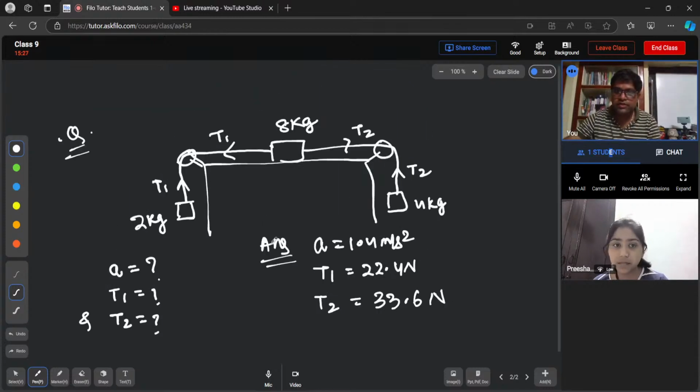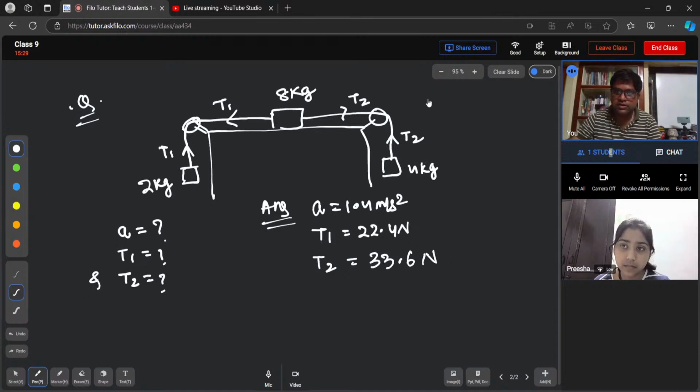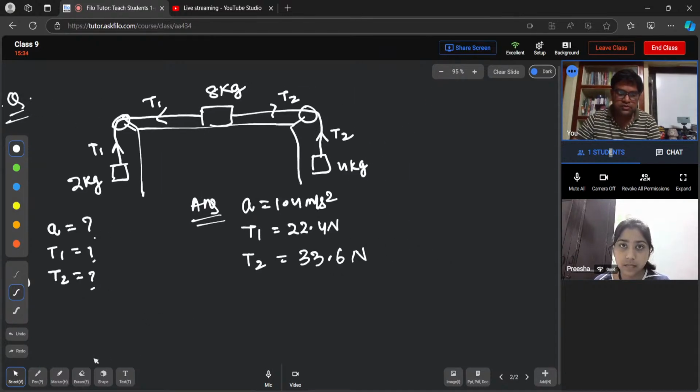The equations I have written in the last class only. So what are the equations for this kind of problem?